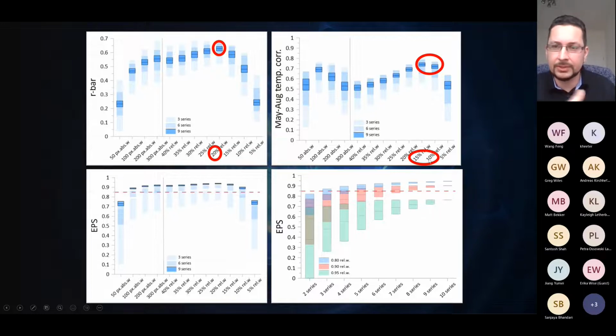That makes sense, we're getting closer and closer to the point of highest density. But in theory, there's no reason why the inter-series correlation or even the climate signal should not still be quite strong, even going to 10% or even 5%.